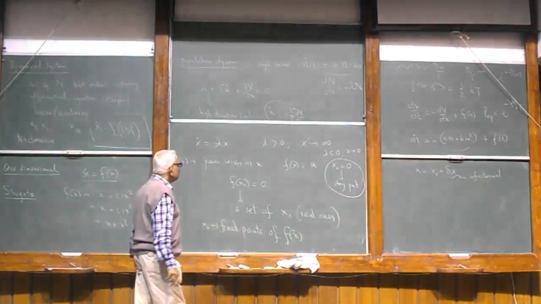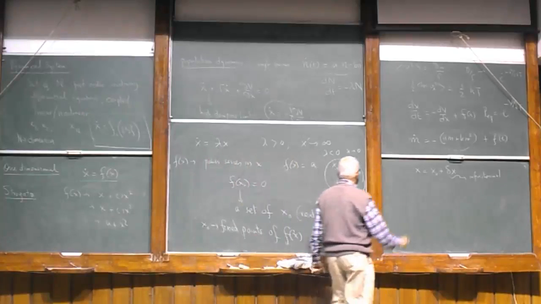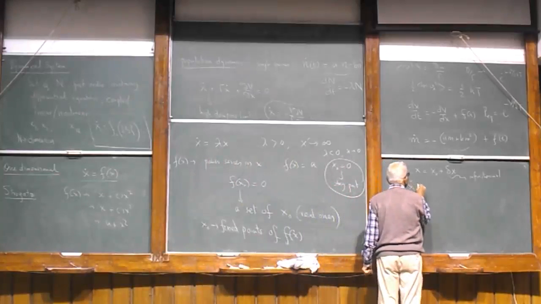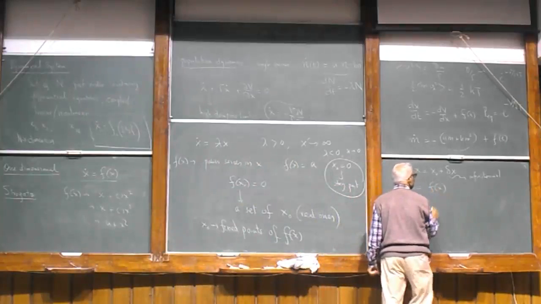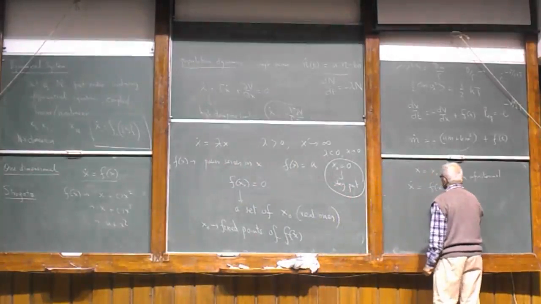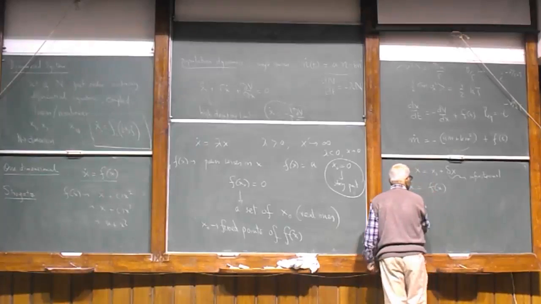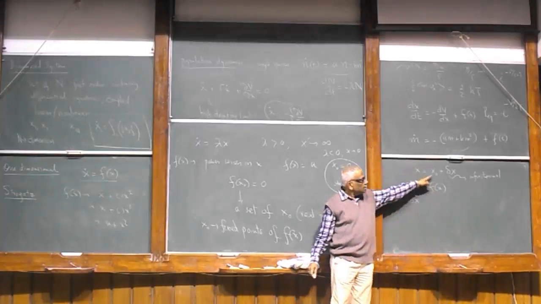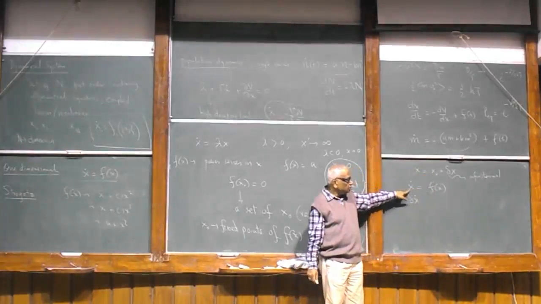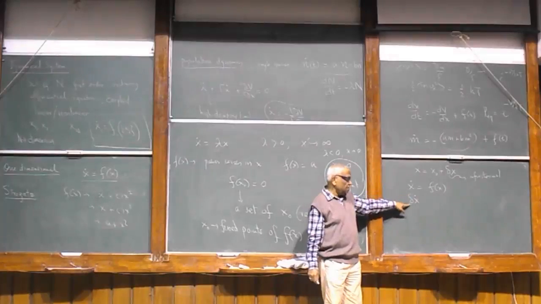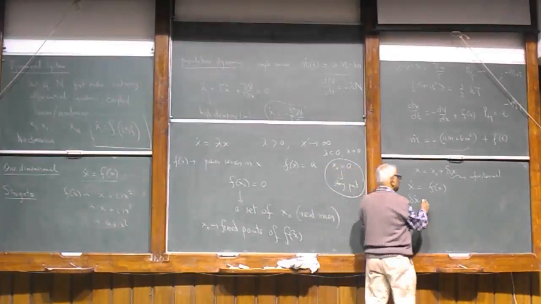So alright, my dynamics is x dot equal to f of x, and I have put this. So x is set as x0 plus delta x. x0 dot is 0, so there is no x0 dot. So the left hand side is just delta x dot.